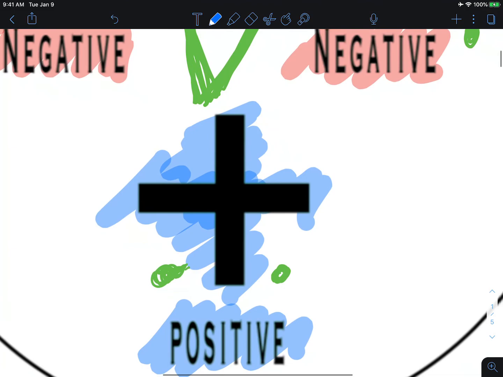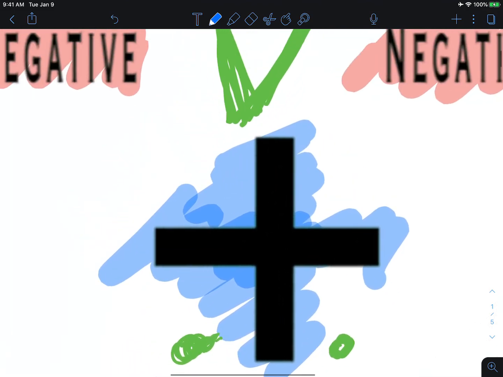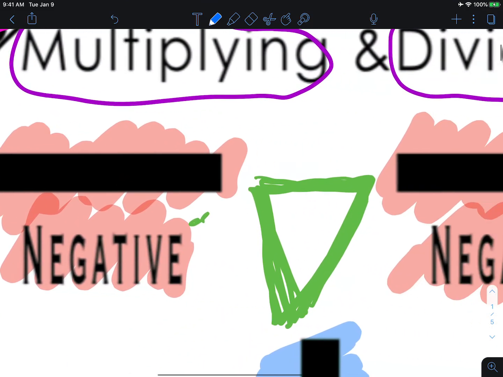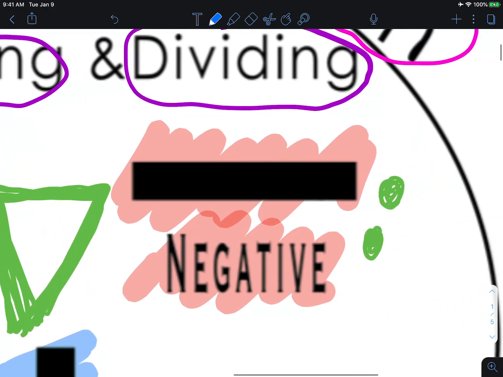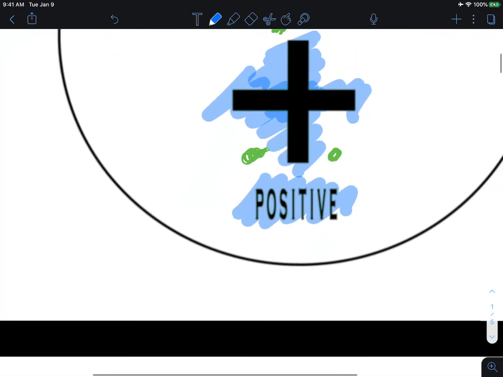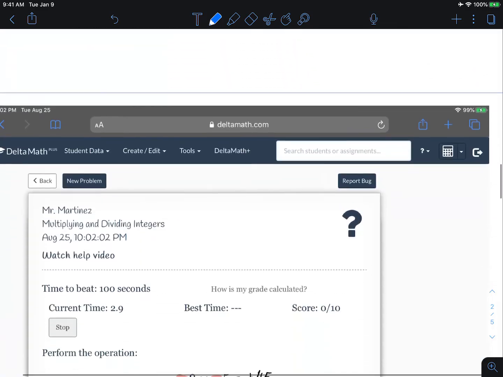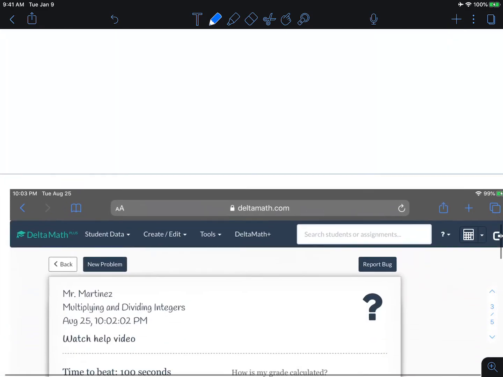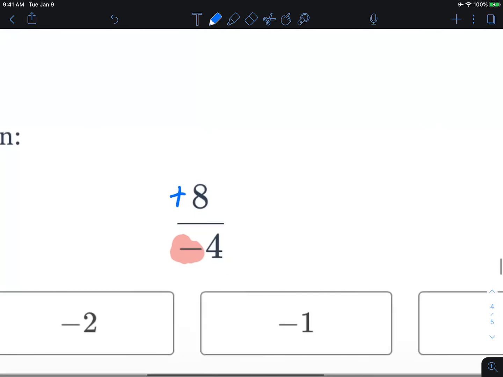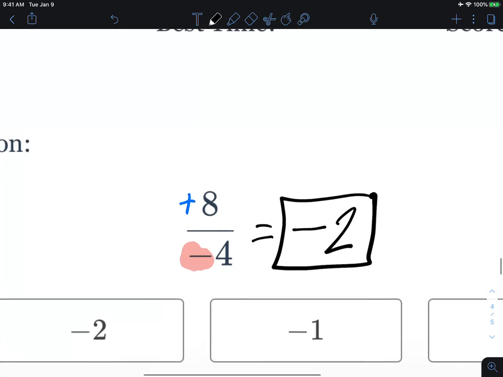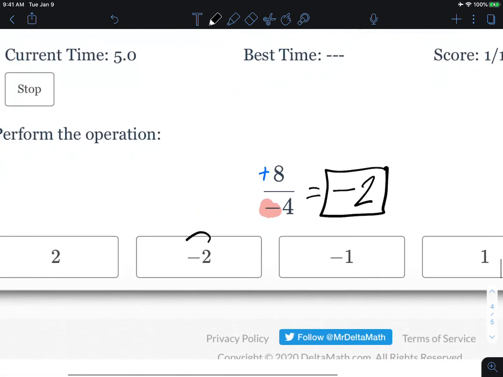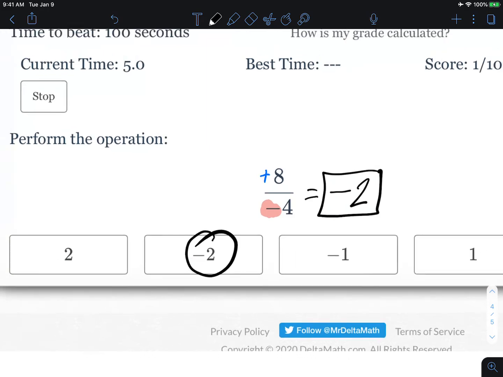We have a positive divided by a negative equals a negative. Look at that. So this answer is going to be negative. So we're going to get negative, and then 8 divided by 4 is 2. So we get negative 2, and the answer is right there. You're going to press that button.